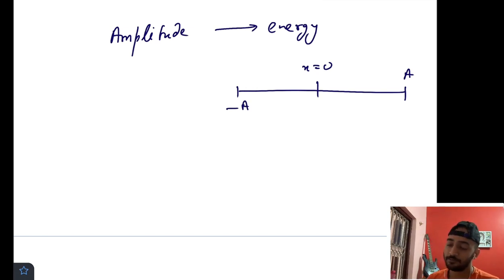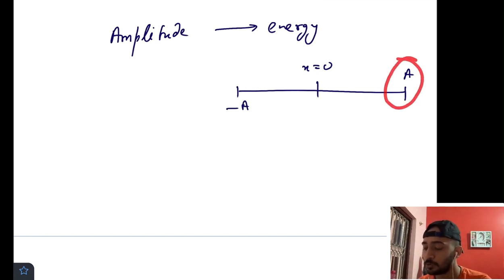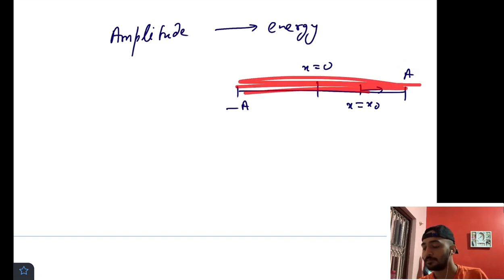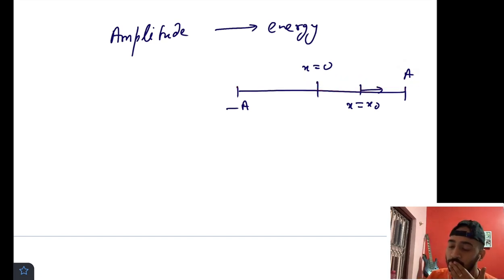Now another thing, to reach this position, it's not mandatory that you need to throw the particle from x equals 0. You can also throw the particle from some x equals x naught in this direction. That means to perform an SHM of amplitude A, it's not necessary that you throw the particle from x equals 0. You can throw the particle from anywhere and in any direction.